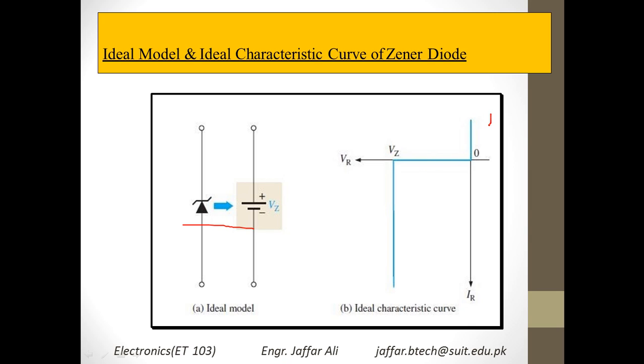We always get a graph that looks something like this. The red line that I just drew is basically the actual curve, and the blue line shows the ideal curve.